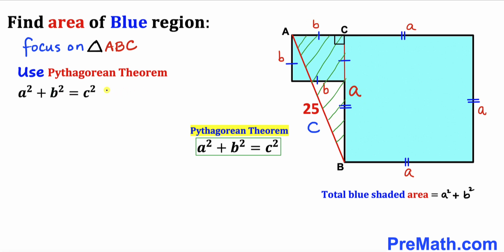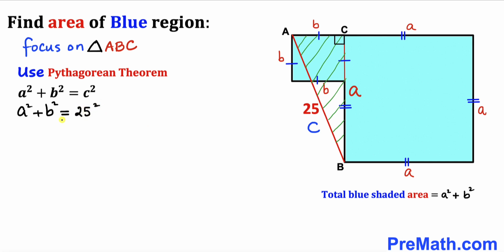So let's fill in the blanks in this Pythagorean formula. We got A squared plus B squared equals C squared, and in our case C is 25, so this becomes 25 squared. Therefore, A squared plus B squared equals 625.